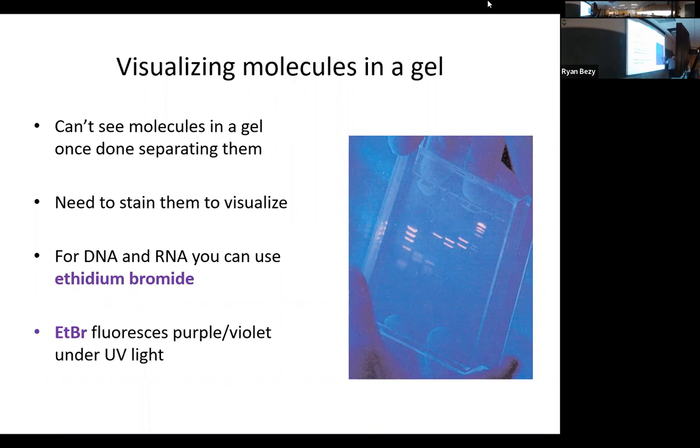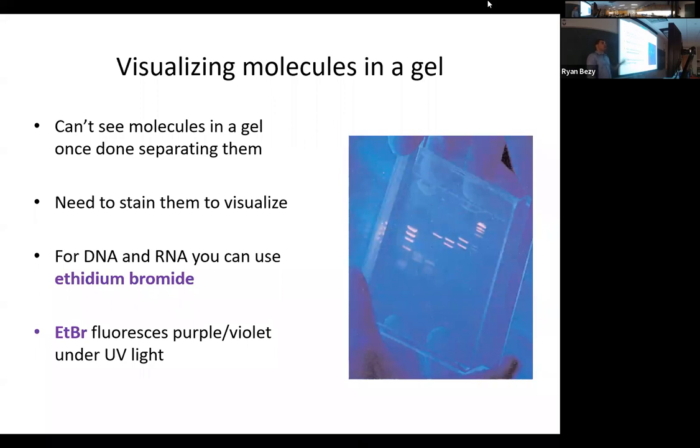Then we put UV light on it and it causes it to fluoresce this pinkish purplish color, pretty brightly actually, enough that we can see it and visualize it. So we're going to use a combination of ethidium bromide and UV light to visualize our DNA and record results.